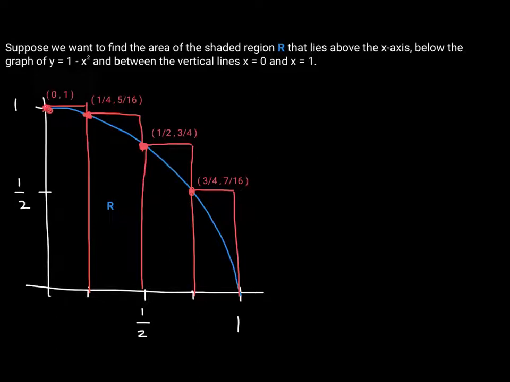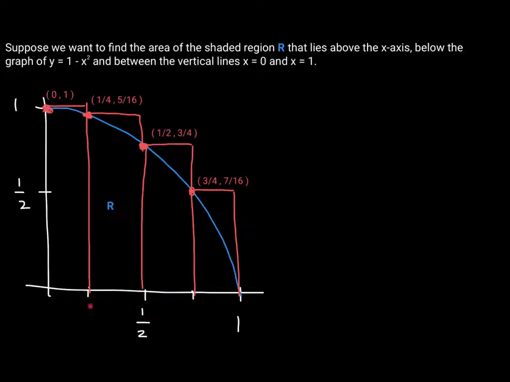Now notice that the height of each of these rectangles, so the height here is 1, and the height is the function value at the left endpoint of this subinterval. The height of this rectangle is 5/16, and we found 5/16 by evaluating our function at the left endpoint of this subinterval.